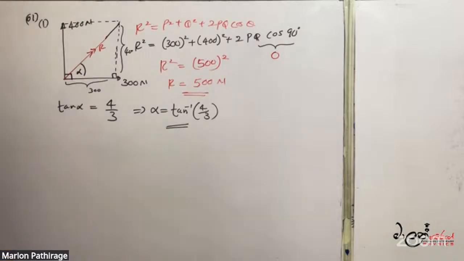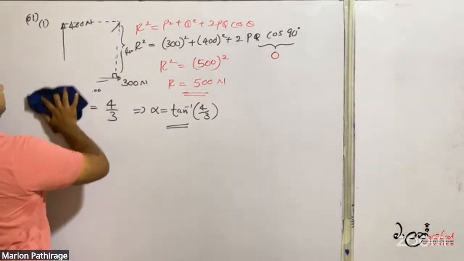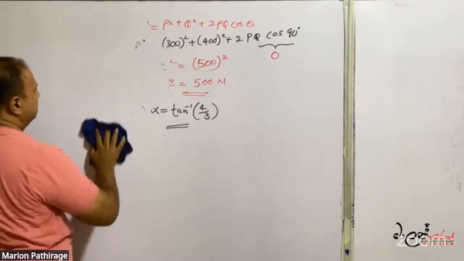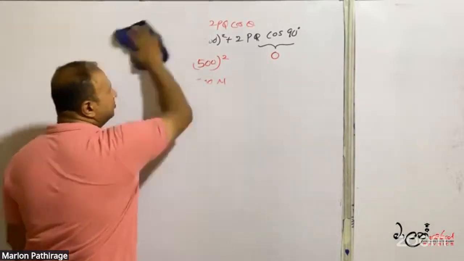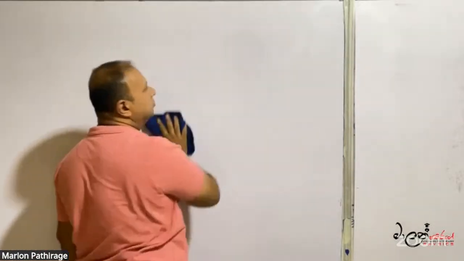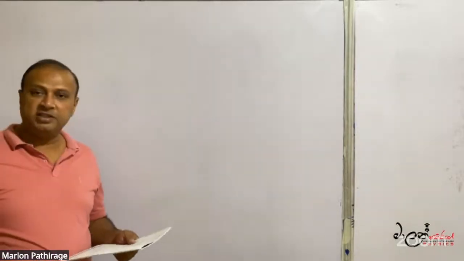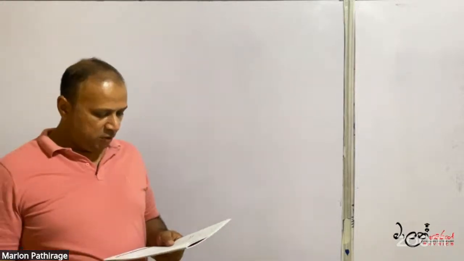Have you finished? Check the second one. P is 10 Newton, Q is 10 Newton.